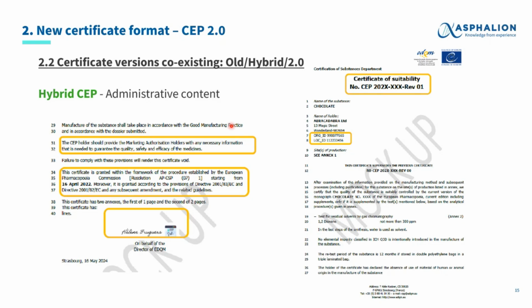here in the next slide, you can check the differences that we have been talking about. First, this is a hybrid CEP example where you can check that the numbering system has changed, no renewal number, then it's going to be only the ID and the revision number. Then here is going to be present the SPOR ID, specific ID for the manufacturers, the new statements and the digital signature.